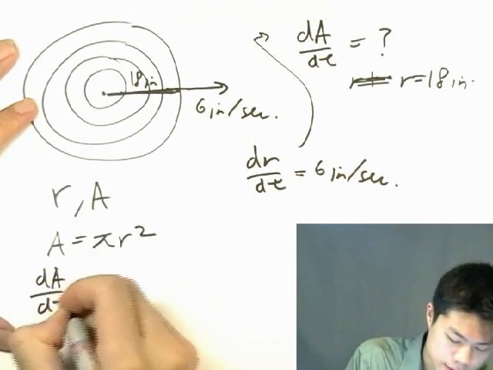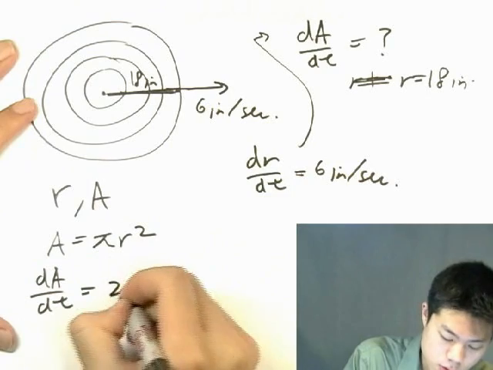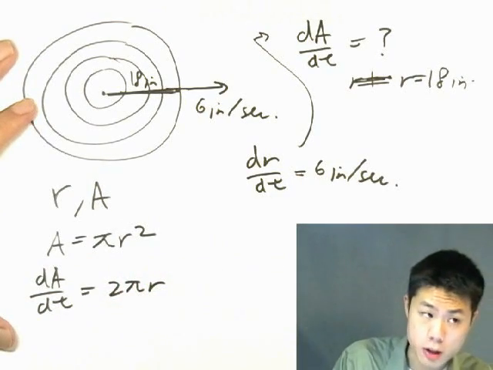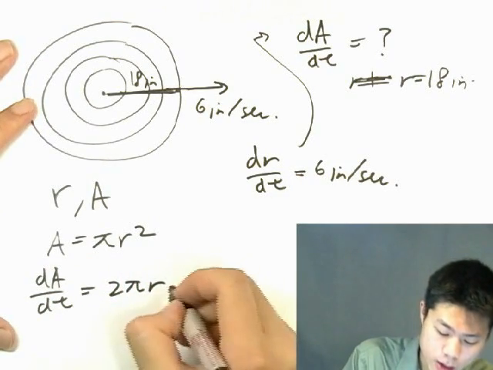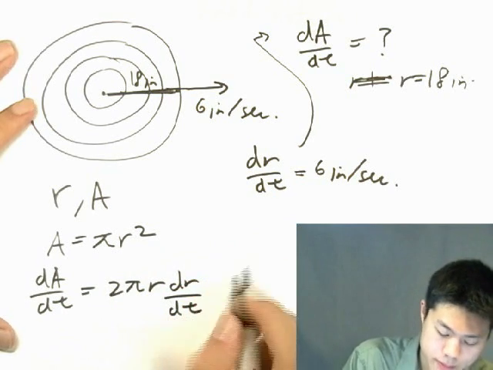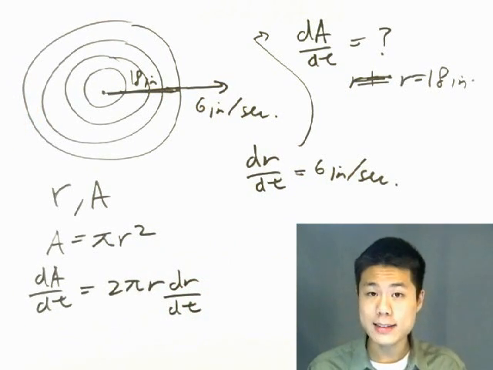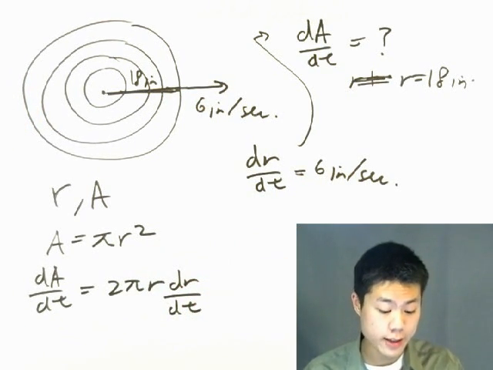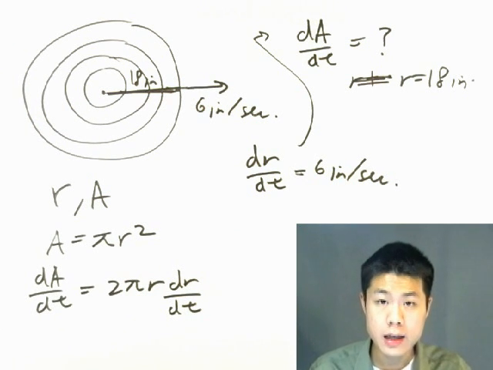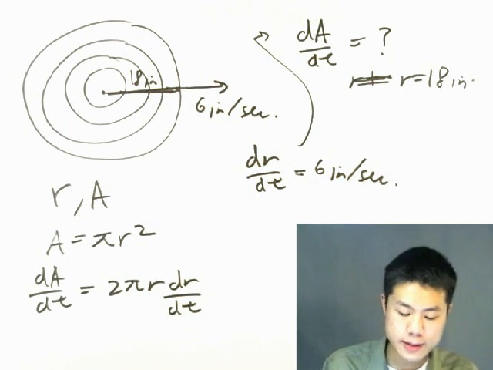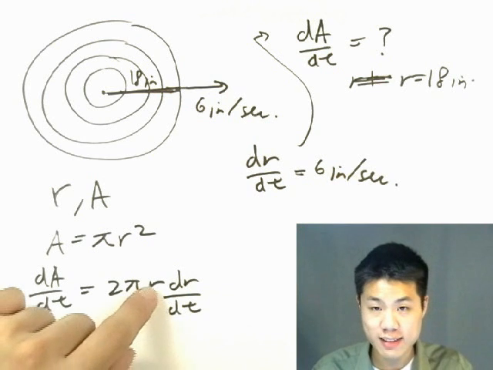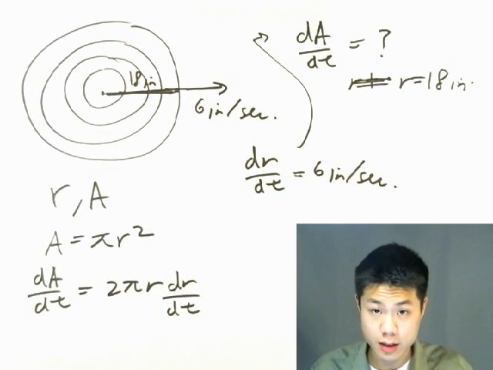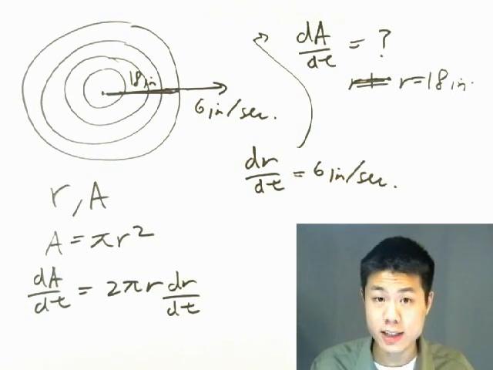That's going to give us dA over dt is equal to 2 pi r, we have to use the chain rule here, so it's 2 pi r dr over dt. What does this tell us? It tells us that the rate at which the area changes depends on two things. It first depends on the radius, and it also depends on the rate at which the radius increases.